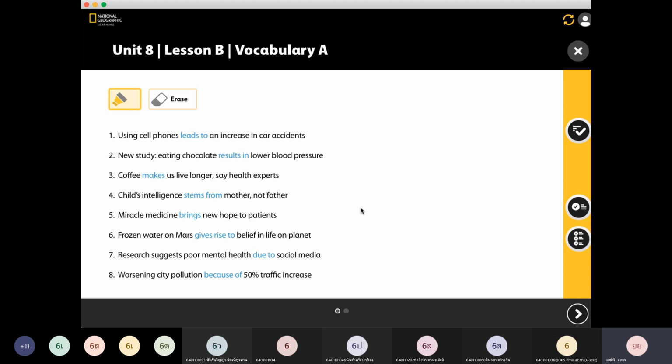To explain that, you have to think about what you want to focus on: leads to, result in, makes, stem from, brings, give rise to, due to, and because of.